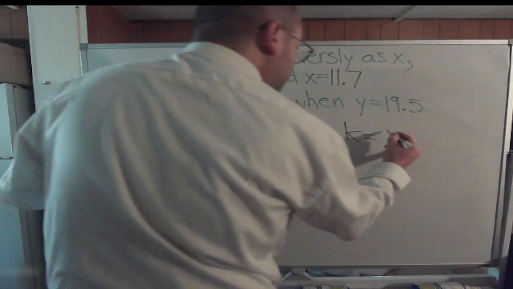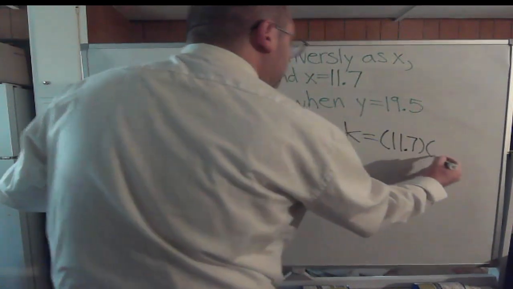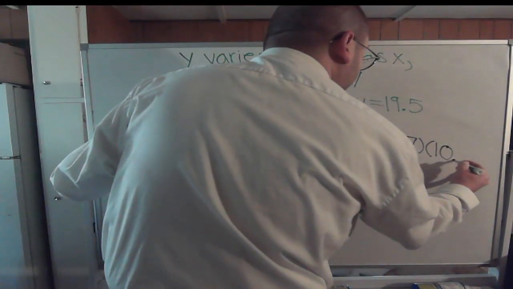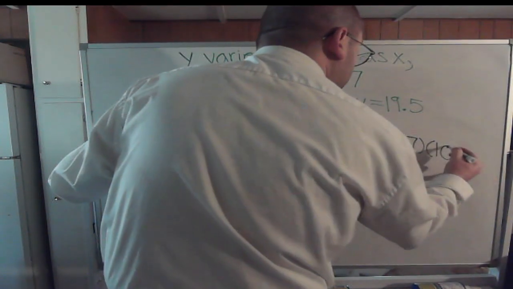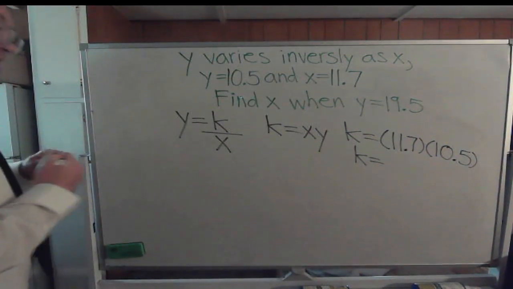Well, x was 11.7. Take that times your y value of 10.5. And now you just multiply the two, you'll get your constant of variation.